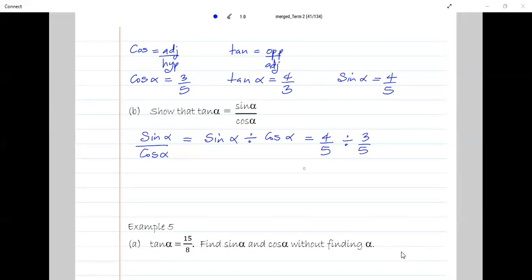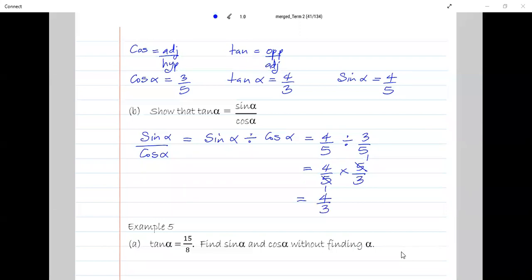So this is going to become what? 4 over 5 multiplied by 5 over 3. Why? When you're dividing by a fraction, you change the division sign to multiply and invert. Reciprocate. Very good. 5 cancels the 5. So this is equal to 4 over 3.